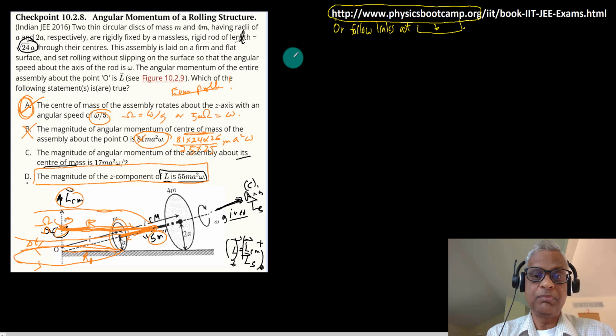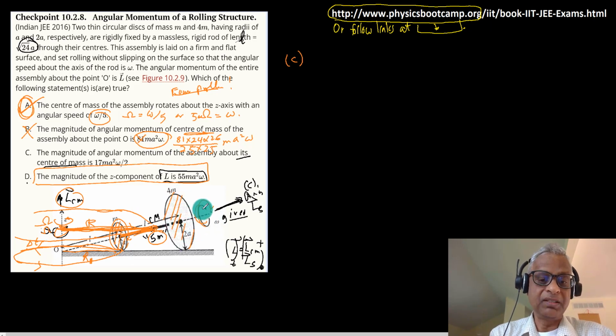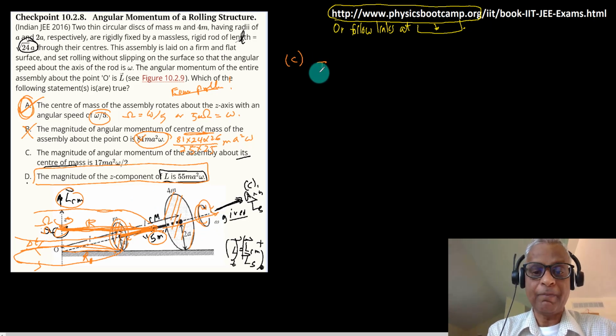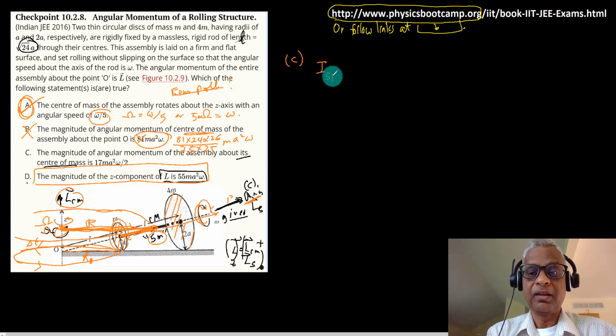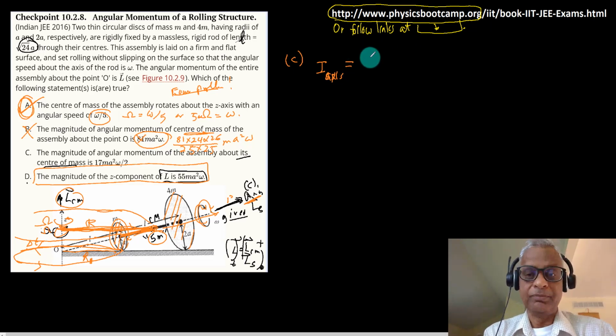Actually C is a pretty easy problem to do because it's about the spin motion. So we have the moment of inertia from here and the moment of inertia from here about this axis, times the rotation, right? So I about the axis, let's just call it I axis, is equal to the disk.